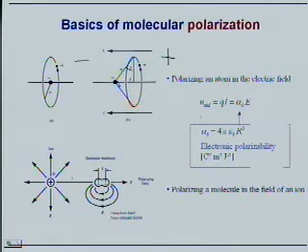If you remember, any dipole is measured by the dipole moment, which is equal to the length of the dipole times the charge. In this case, the induced dipole moment is equal to the molecular polarizability times the strength of the field.